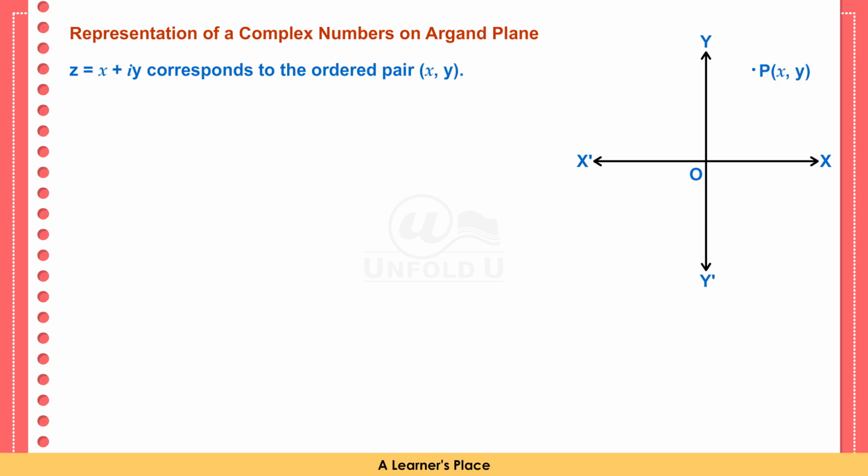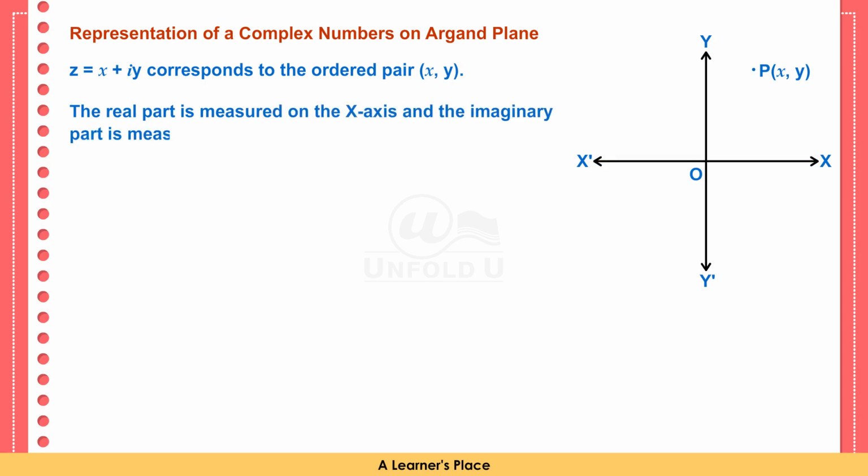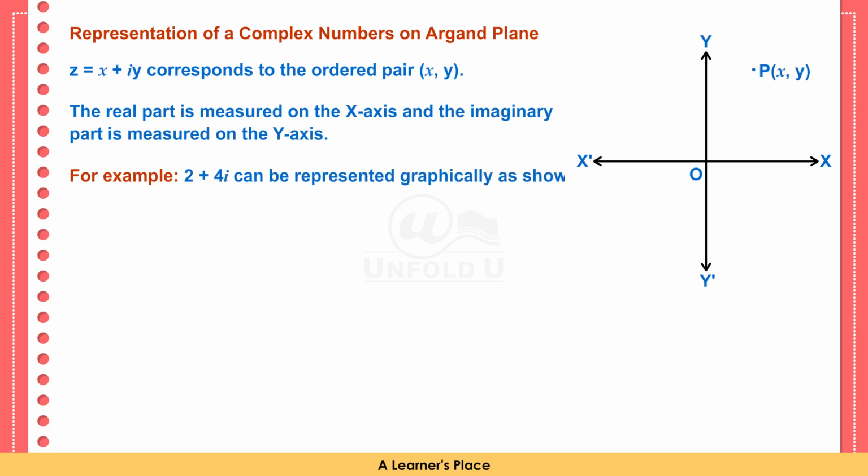And each point on the xy plane represents a unique complex number. The real part is measured on the x-axis and the imaginary part is measured on the y-axis. For example, 2 plus 4 iota can be represented graphically as shown.